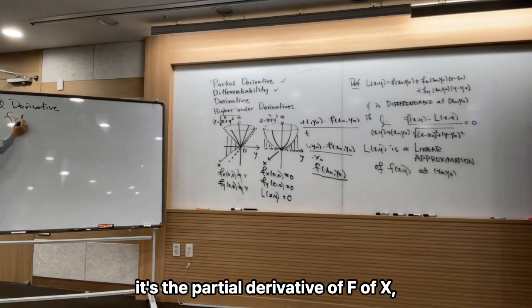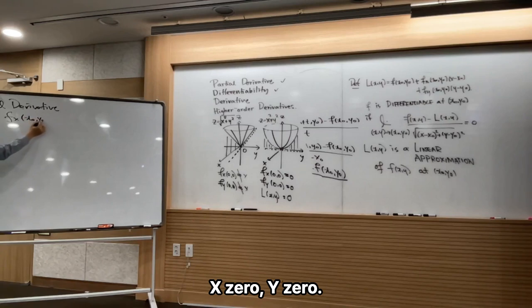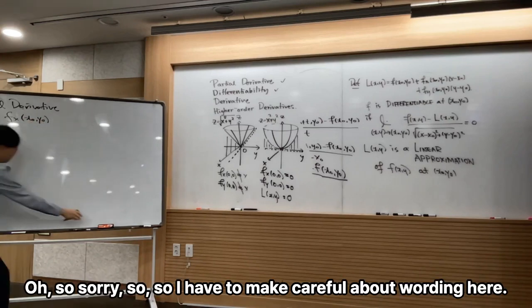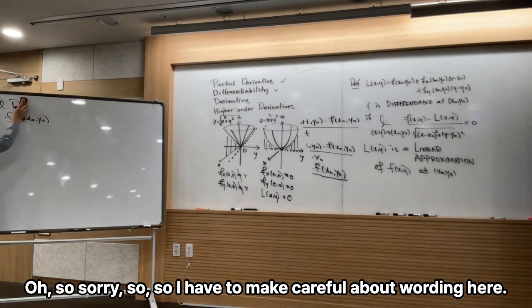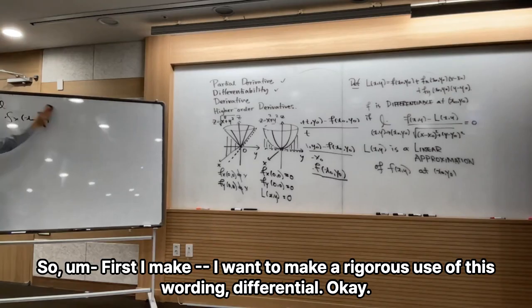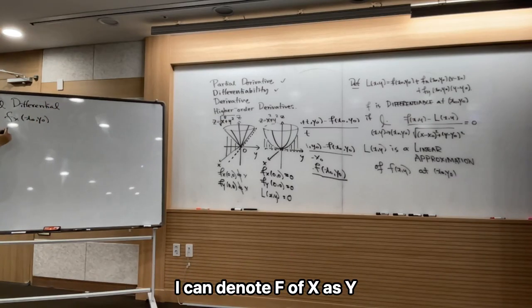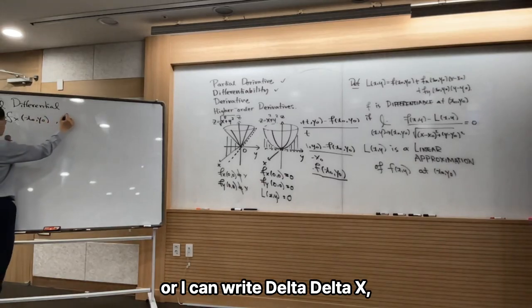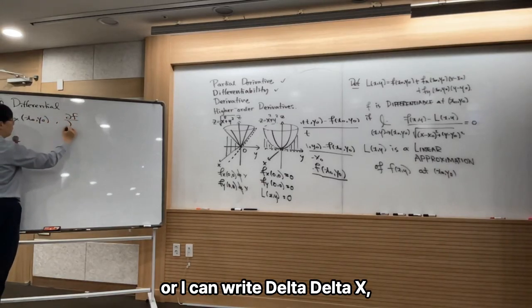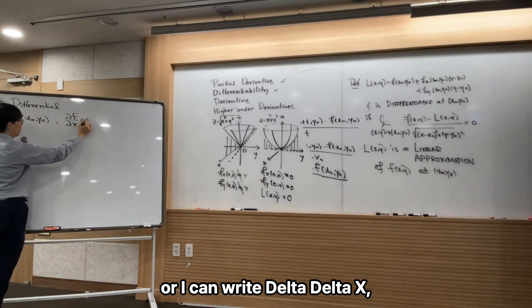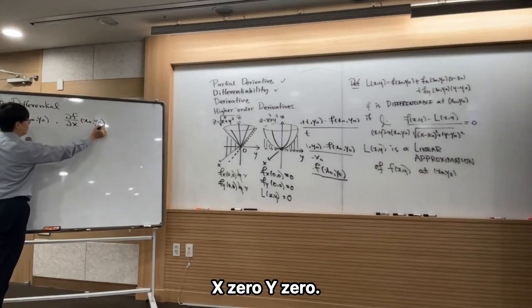Oh, sorry. I have to be careful about the wording here. So first, I want to make a rigorous use of this wording, differential. Okay. So when I talk about this two variable function, I can write del f del x at (x0, y0).